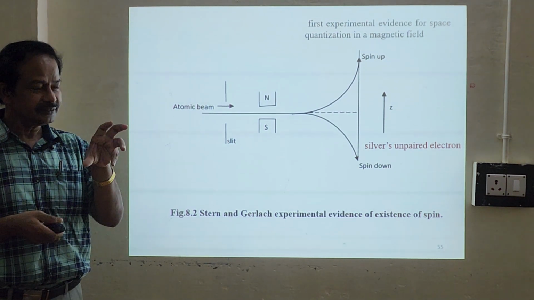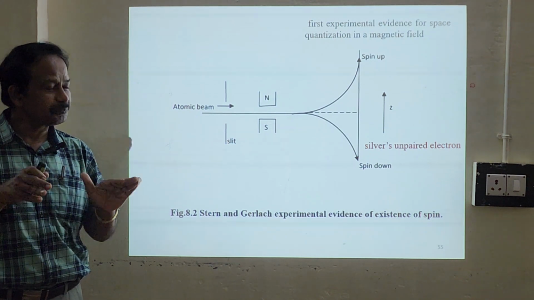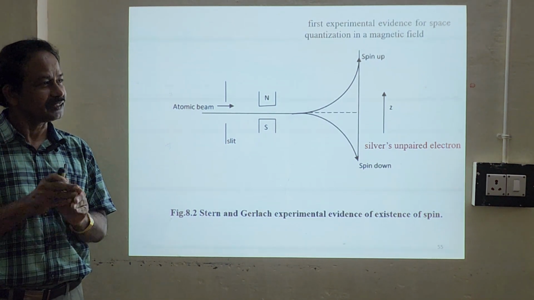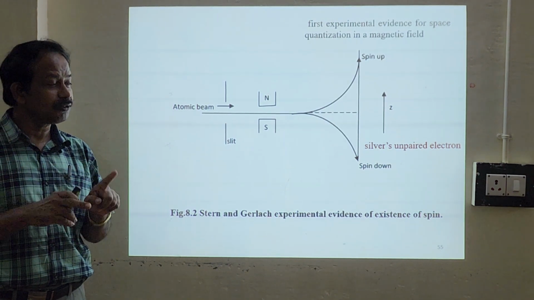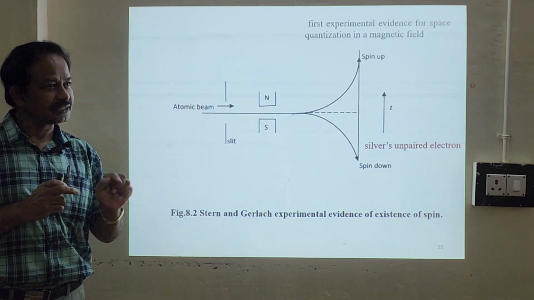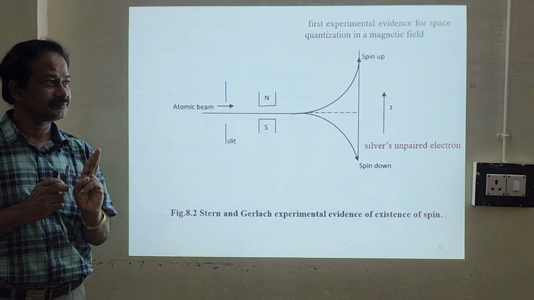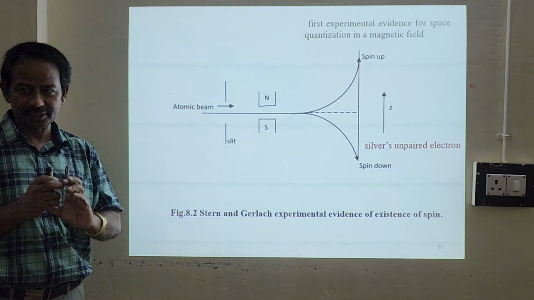So spin is an intrinsic, built-in property of the electron. Each electron has the spin property, with both states, up as well as down. Only when you measure does it show spin up or spin down.